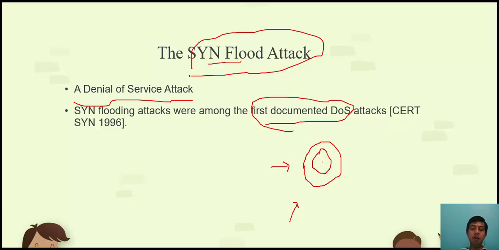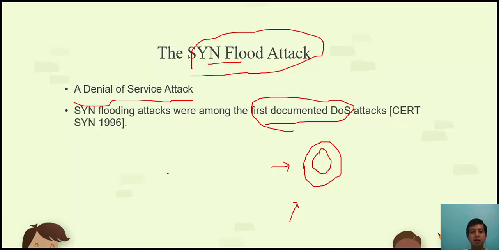Though people have found ways to avoid this, you should understand that there is a particular drawback of the TCP connection establishment phase, which can make cyber criminals create this type of attack on a particular service. Now let's see how this denial of service attack is done using this SYN flood attack.